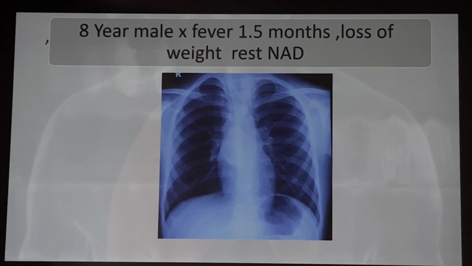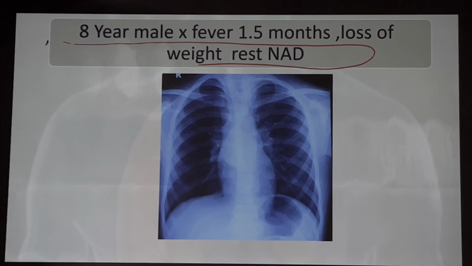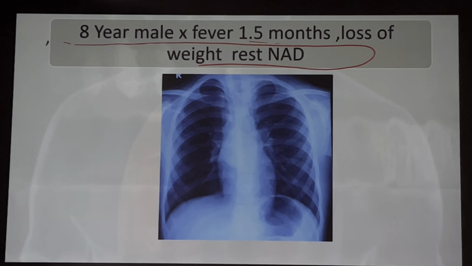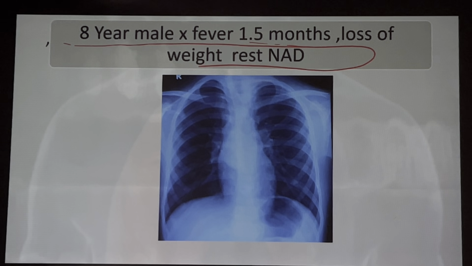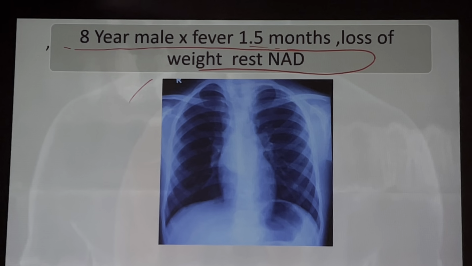Now look at this child who came to me immediately in the post-COVID era, right? There was very little OPD at that time, and it was mainly tuberculosis. So in this patient, as the history also suggested, fever of 1.5 months, loss of weight, rest absolutely fine. The patient presented with this X-ray.